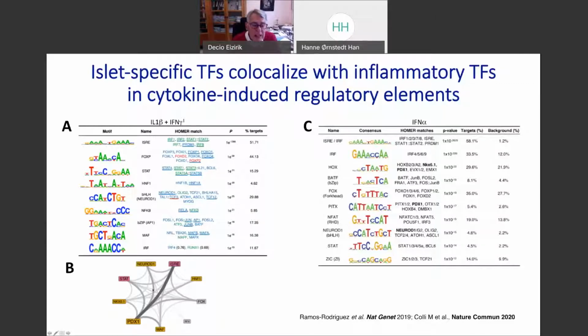And when we did a correlation analysis to see if they were binding to the same regions, again to our surprise, we found that, for instance, PDX1 was bound to several genes together with ISRE, which is a classical binding site for type 1 interferon-induced transcription factors. There was also a clear correlation with STAT.